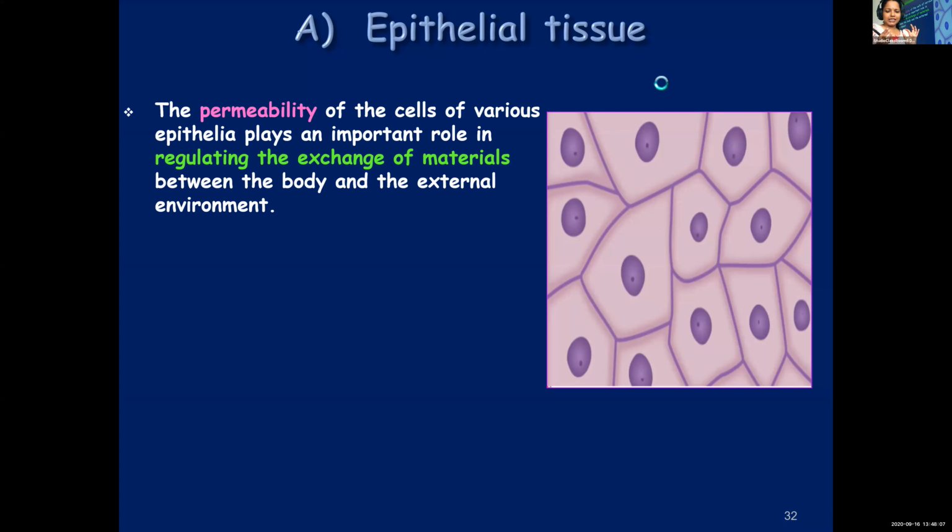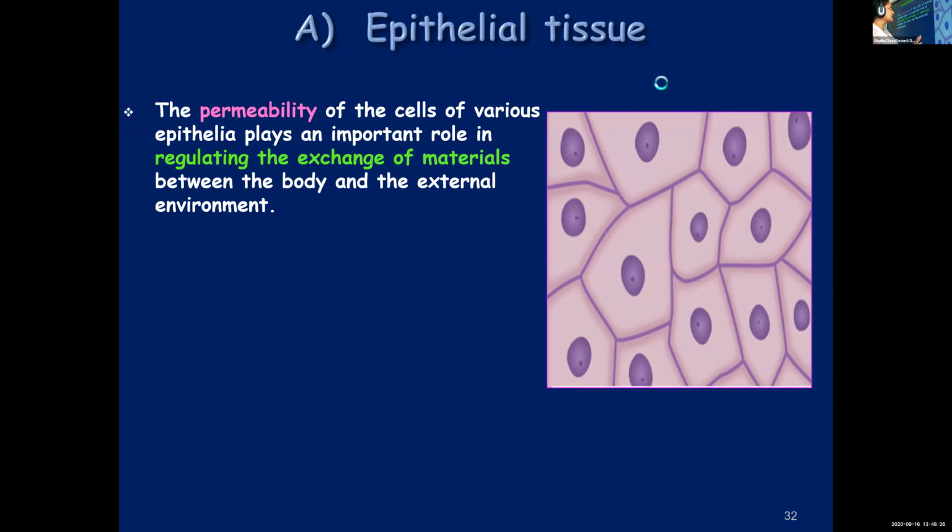You know what is permeability? If a membrane is permeable, it will allow materials to pass through it. Impermeable means it will not allow materials to pass through. Semi-permeable means only selected substances can pass through.